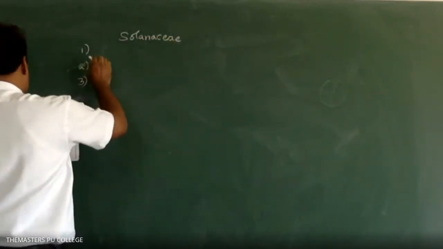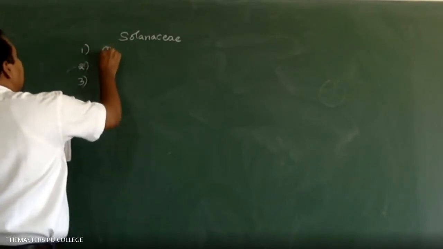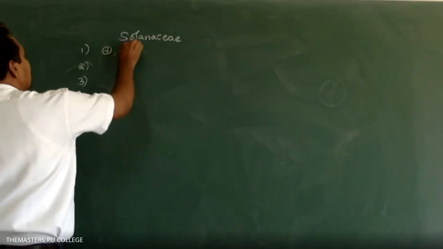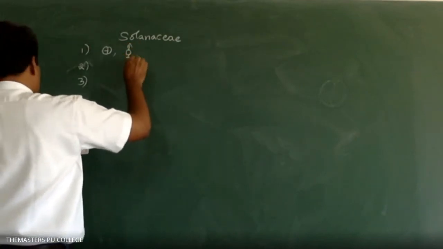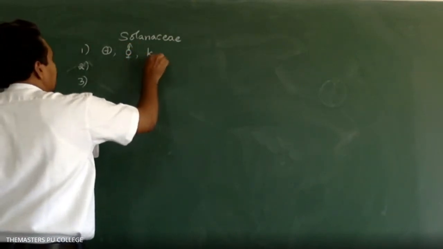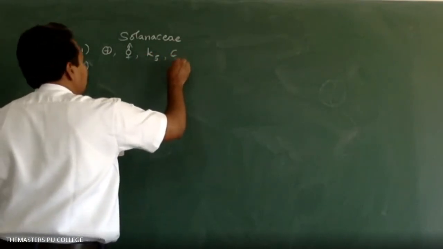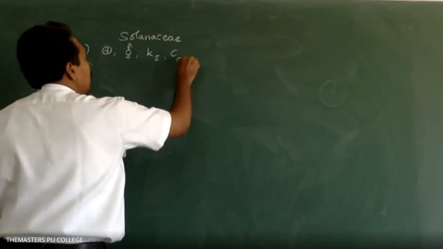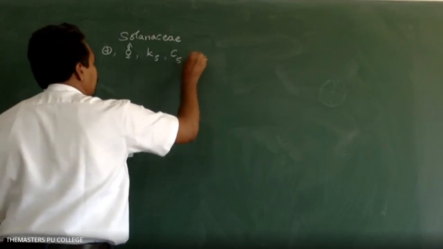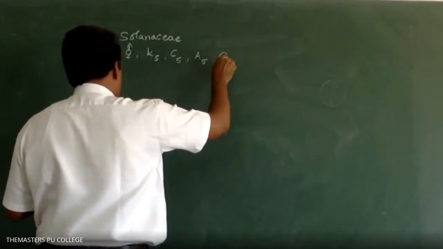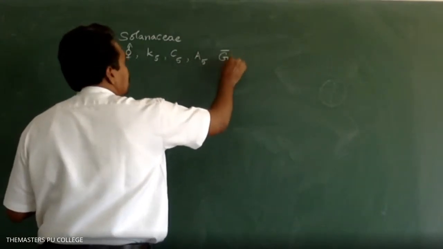Option 1: flowers are actinomorphic, bisexual, sepals 5 free, petals 5 free, androecium 5 free, not fused, gynoecium, flowers are epigynous, 2 carpels are present.